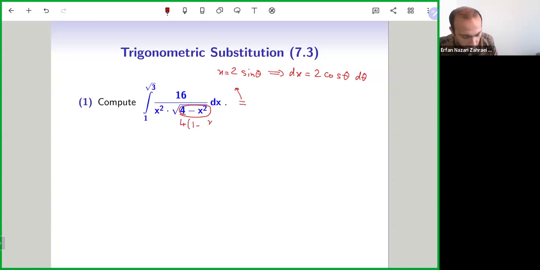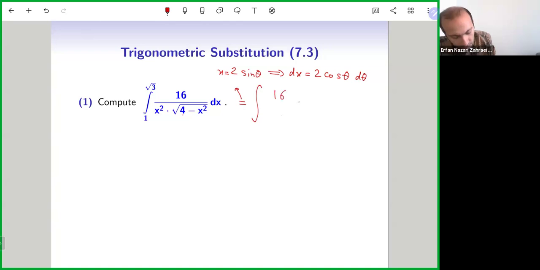Then you have 1 minus x over 2 squared. You can either first factor 4 or first substitute this. It doesn't matter. If you want to find the substitution, you need to first factor. But when you have the substitution, you can just substitute. So when you substitute this, you get 4 minus 4 sine squared theta, and then you can factor 4. Let's do these computations on the next step, all of them.